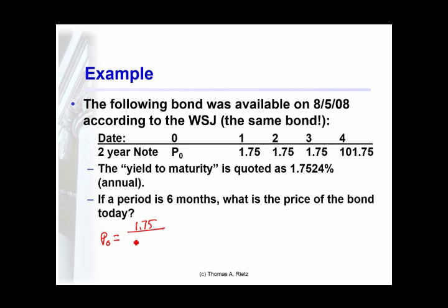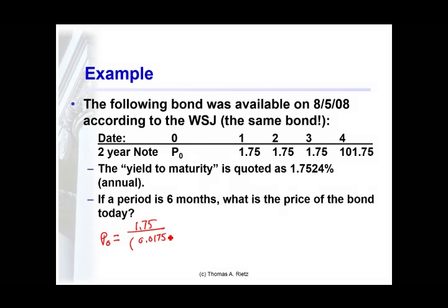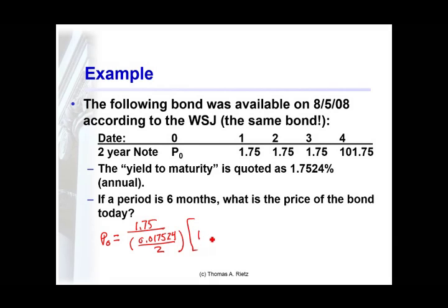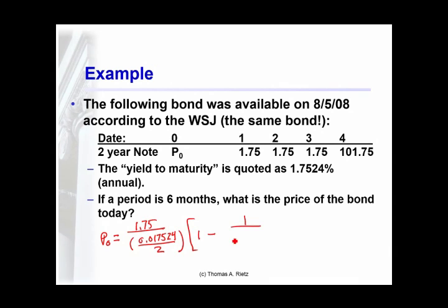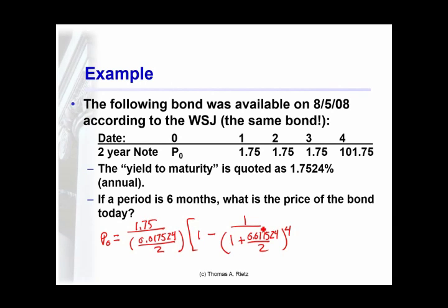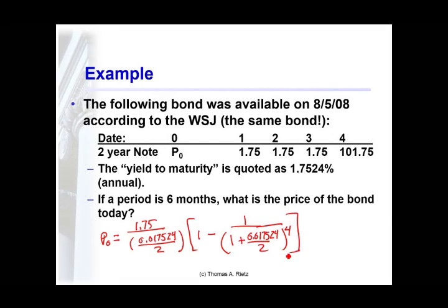Now the periodic return is the annual yield divided by 2. Now this payment stream goes for four periods and then quits. So this is the value of the annuity of the 4 coupon payments.